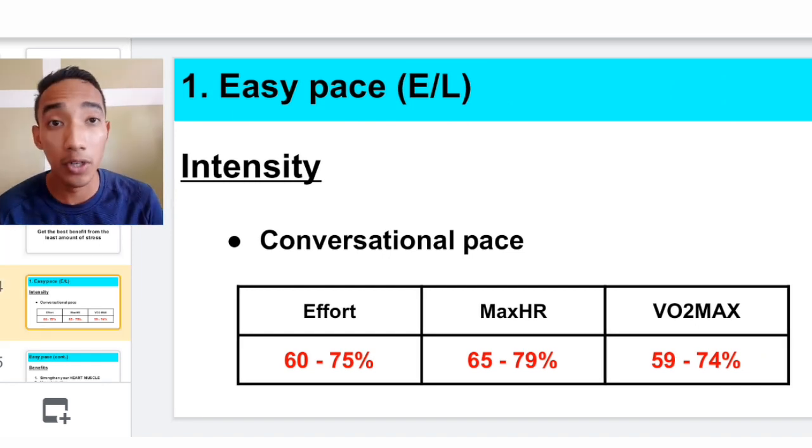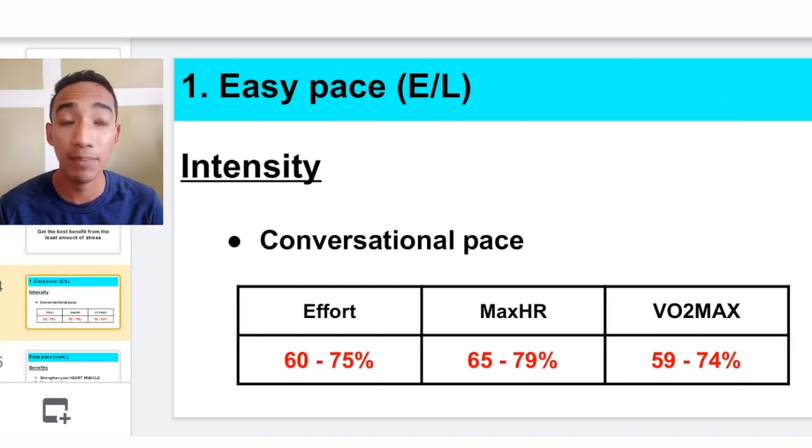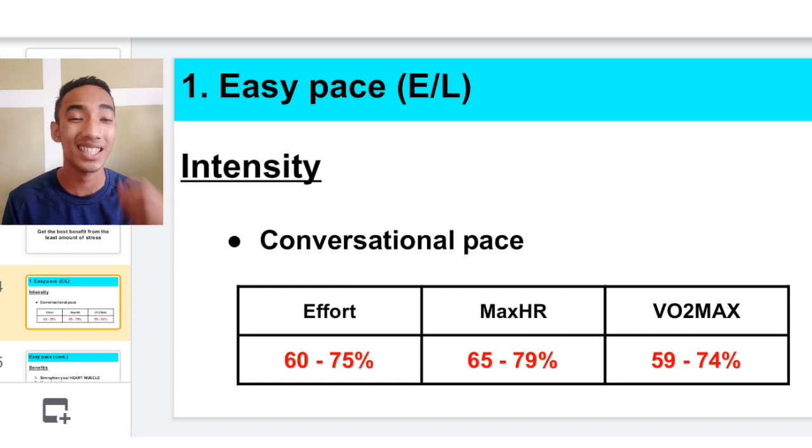So let's talk about the first training pace. That will be the easy pace. E stands for easy, L stands for long run, and the intensity of it is a conversational pace, meaning you can talk while you run. Of course, it is good when you have a partner niya istorya mo because this is the pace you can use in your long runs.